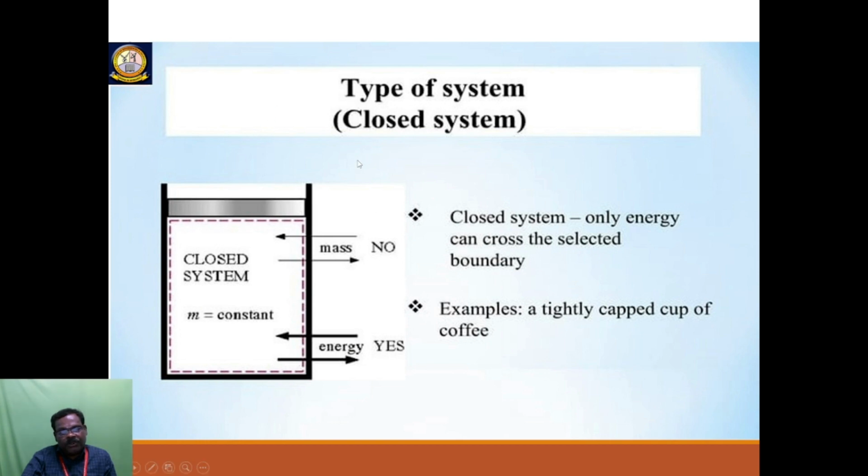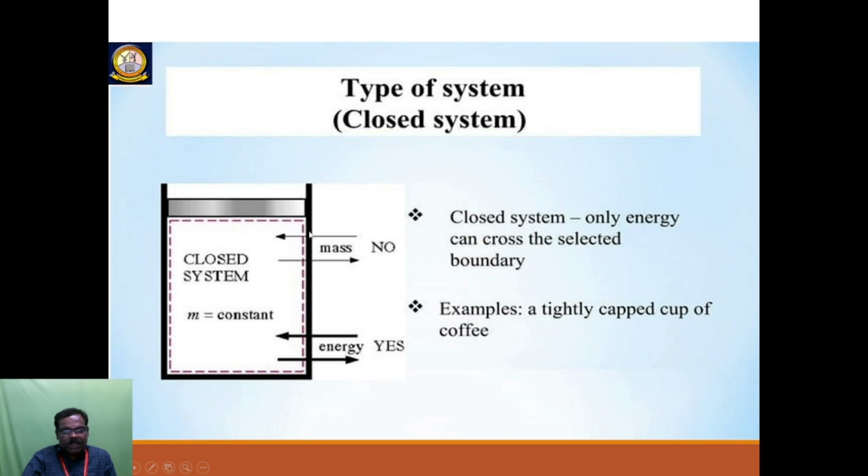Then the next one. First we have seen the isolated system. Now, what is a closed system? Here also, as I already told you, we are considering energy and mass. Suppose you take this particular example, it is a closed system.